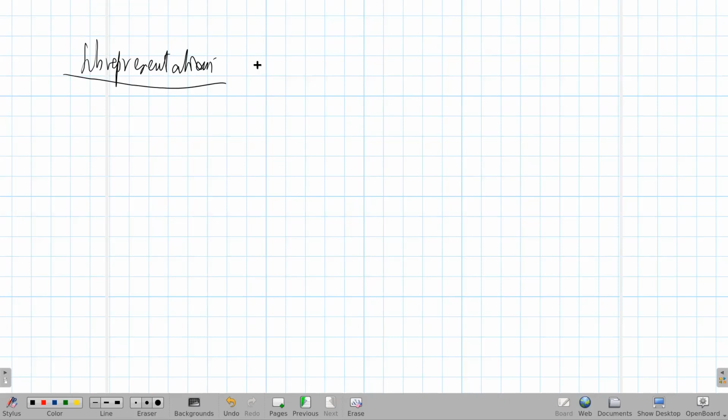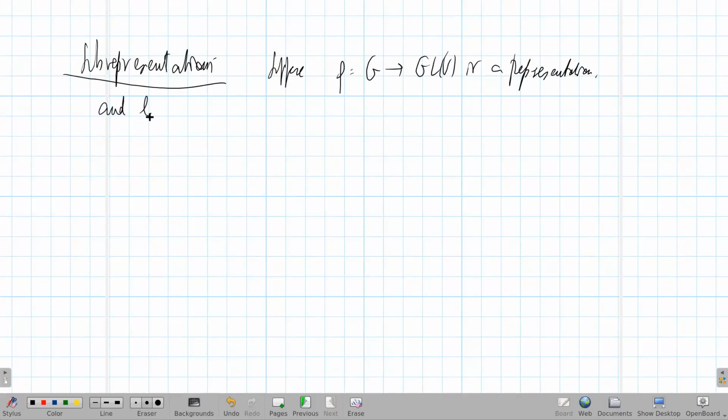So suppose we have a representation, and when I say representation, I mean linear representation, and let W be a subspace of V, okay? Now, of course, we have rho G, which is a subgroup of GLV, because this is a morphism.